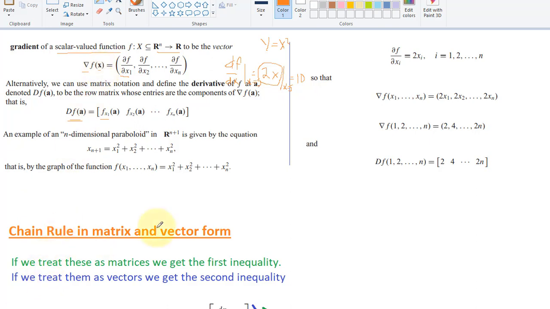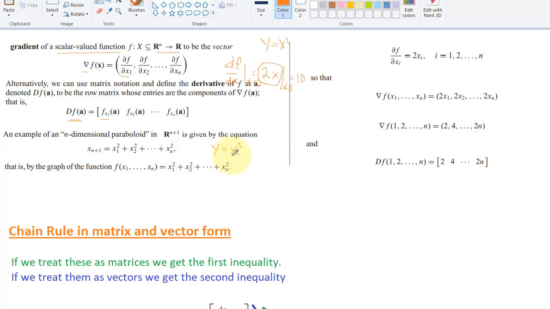So let's just do an example of this. Let's take an n-dimensional paraboloid. A paraboloid comes from parabola, and the simplest formula for a parabola would be this one.